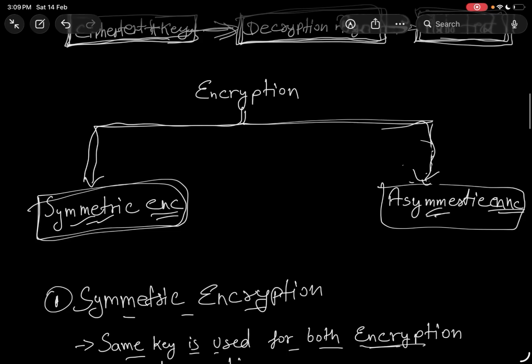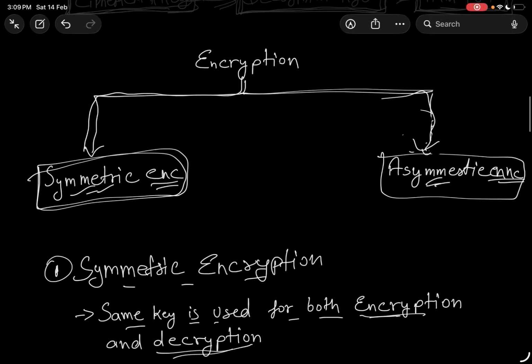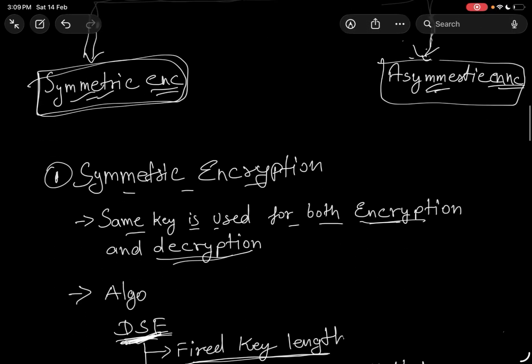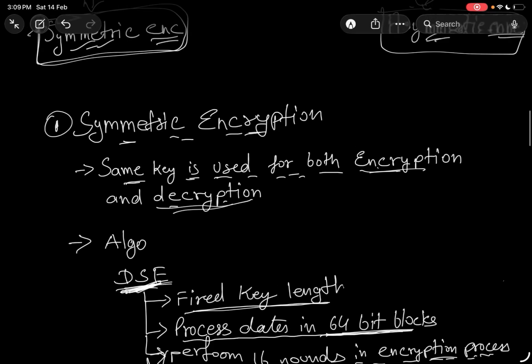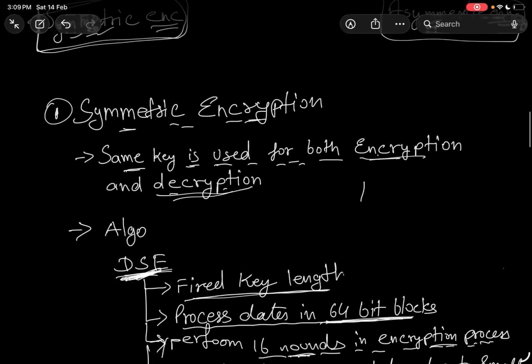Now let's see the advantages and disadvantages of symmetric and asymmetric encryption. First of all, in symmetric encryption, the same key is used for both encryption and decryption. That means, let's suppose I have client 1 and server 1. Now I want to send this text.